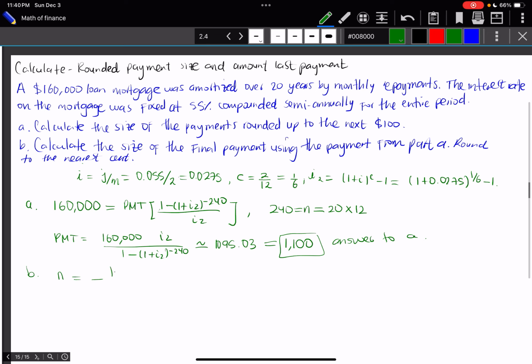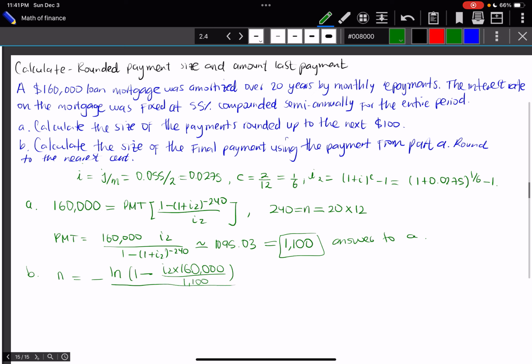We have minus the natural logarithm of 1 minus I2 multiplied by 160,000. So we always do I2 times the balance divided by the payment, so 1,100.